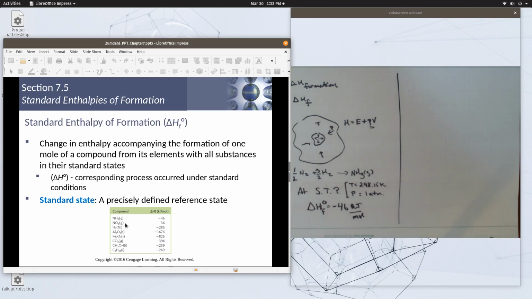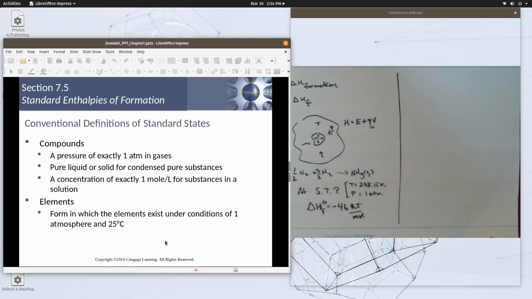Ammonia is a gas, water is a liquid, this is a solid, this is a solid, carbon dioxide is a gas, methanol is a liquid, and octane is a liquid. Okay, those are the standard states.